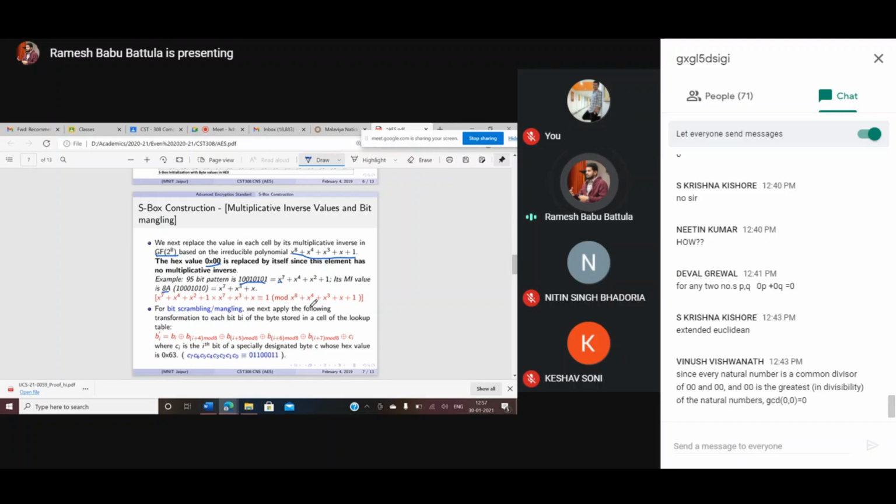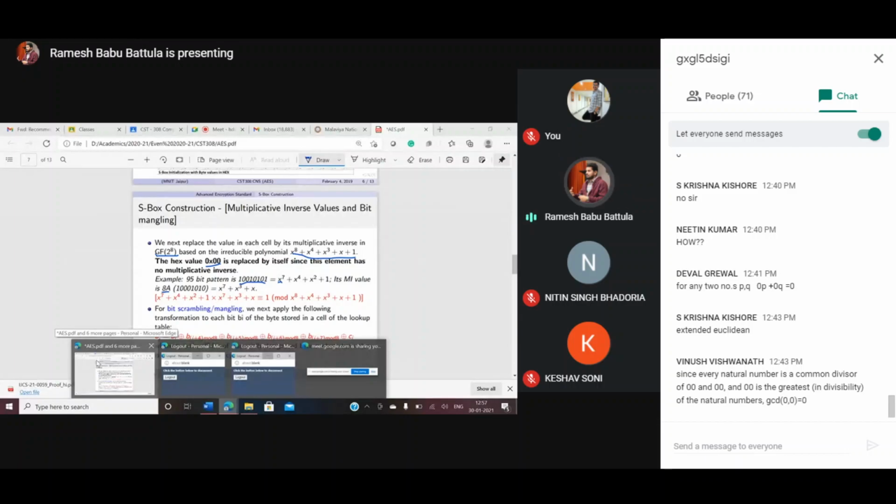So first we need to study how to find a multiplicative inverse value with the help of the extended Euclidean algorithm. There is a shortcut method to find the multiplicative inverse value, and we should study that shortcut method to solve this problem.